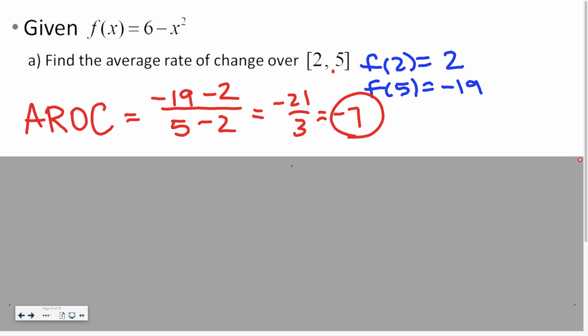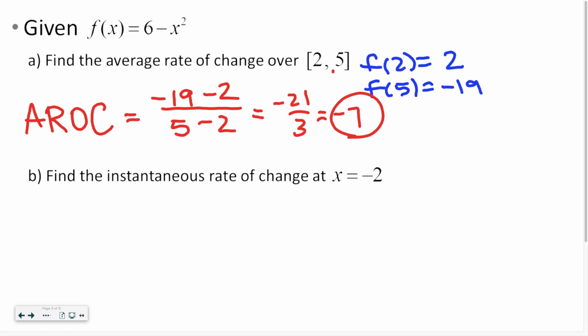Versus, if I ask you for the instantaneous rate of change at x equals negative 2, then that is just asking for you to calculate the derivative and plug in negative 2. So, if you would like to write them, you go for it, buddy. I'm just going to write f prime of x.